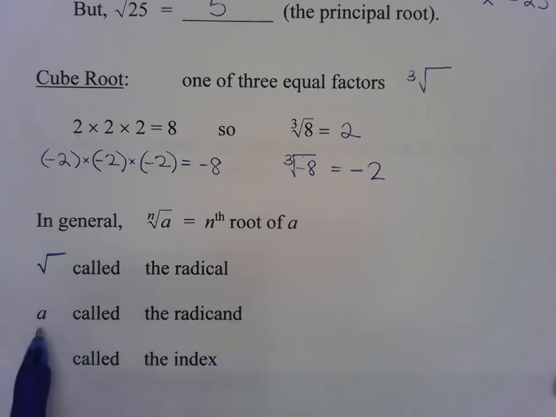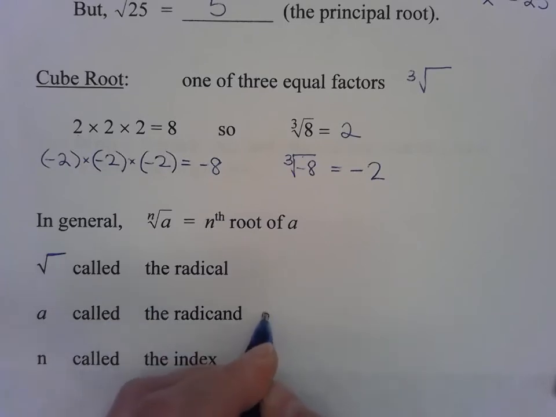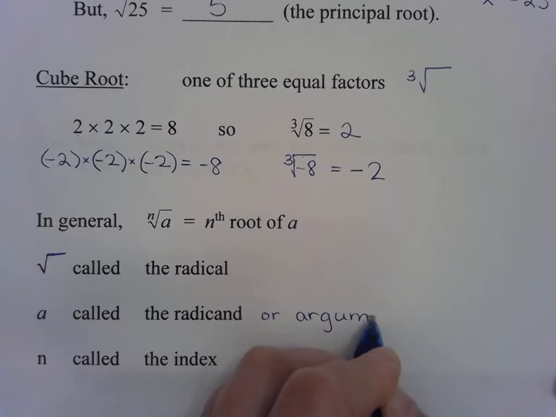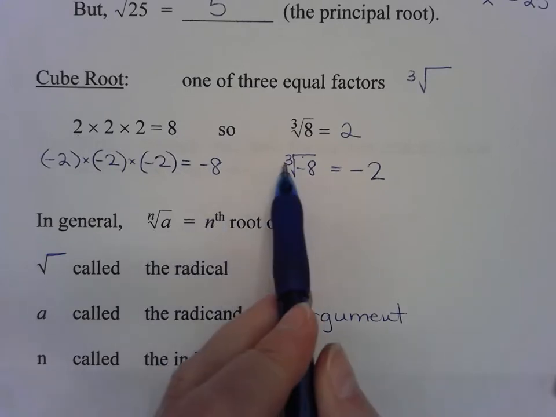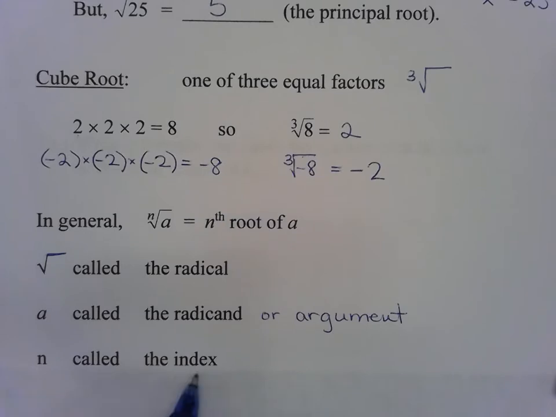Just to give you some names for these, whatever's inside, whatever that square root applies to, sometimes it's called the radicand, or I think I've seen more often it called the argument. So the argument of the square root is whatever. And then that little number out front, like the 3 for our cube root, is called the index.